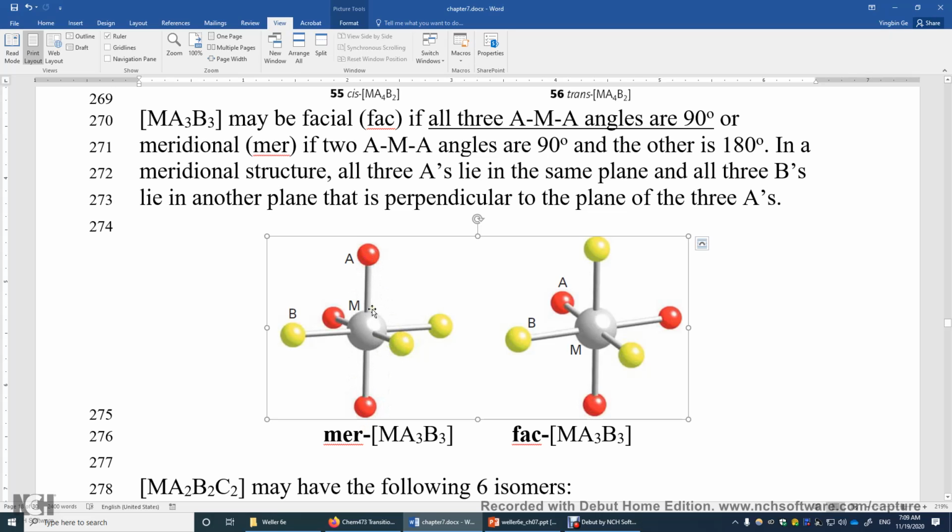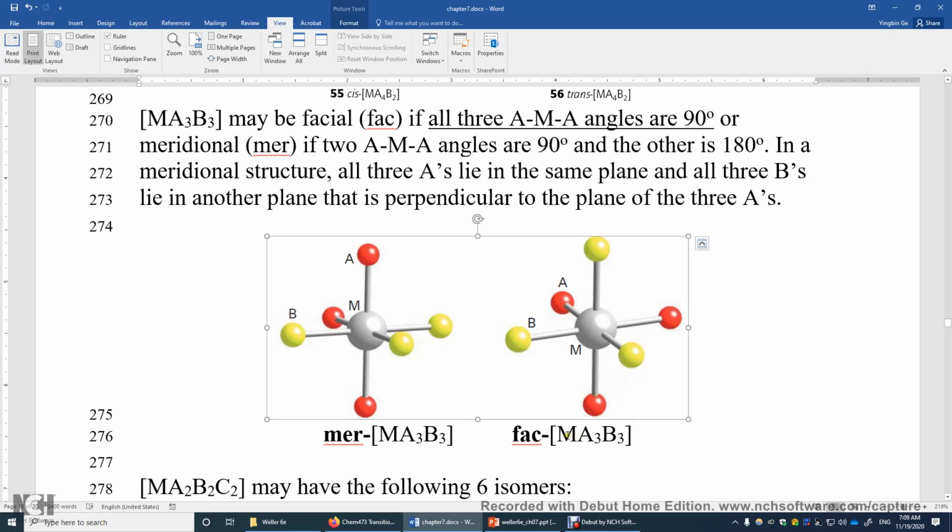And also, simultaneously, the 3 Bs will have to occupy a plane that's perpendicular to the plane of As. And this is meridional. This is facial, and now if you look at the 3 As, the angles are 90, 90, 90. All 3 angles are exactly the same. They're 90 degrees. Well, what if these 3 Bs are replaced with 3 different ligands, let's say C, D, E? Still, we call this facial.